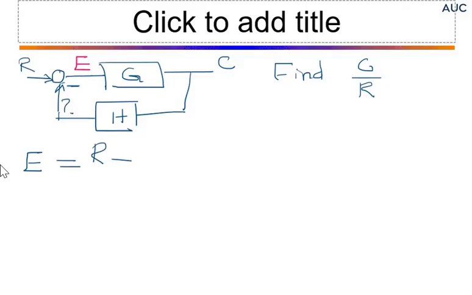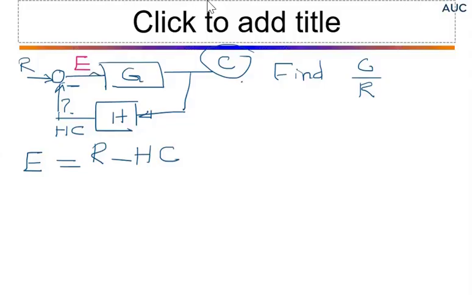And now our purpose is to find the relation between output and input. Now let me call this signal E. So we can write E equals R minus this signal. What is this signal? If you have here C coming into H, then the result here would be H times C. So it is R minus HC. Now what is C?